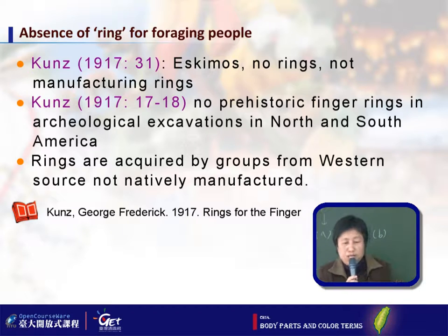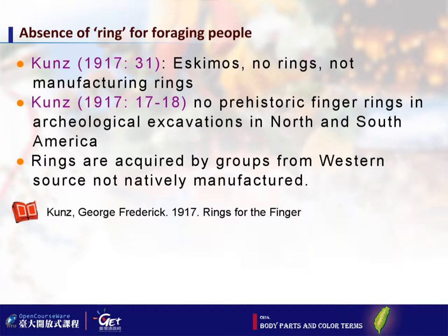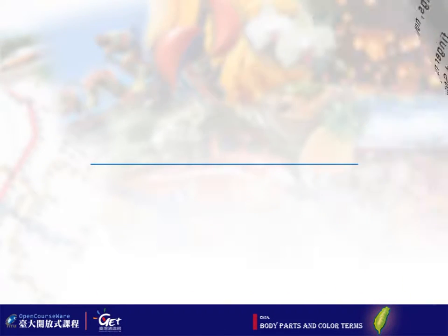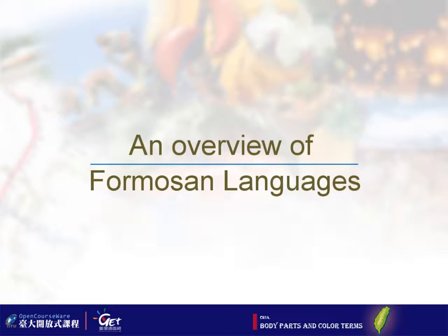So again, rings are not native to the hunter-gatherer society. So that's what has been done in the previous study. There are two types, one identical, the other not.